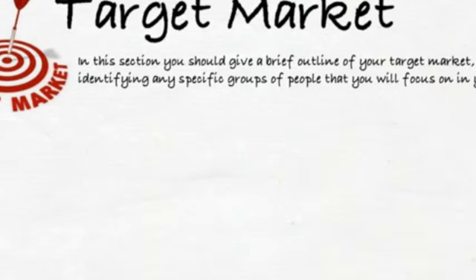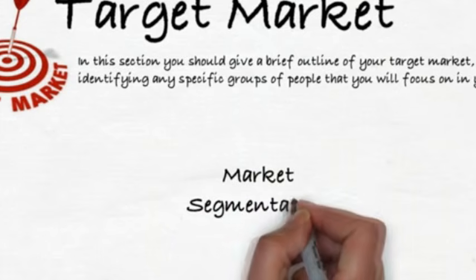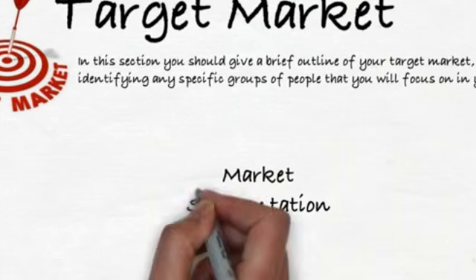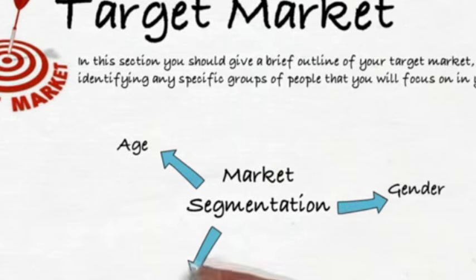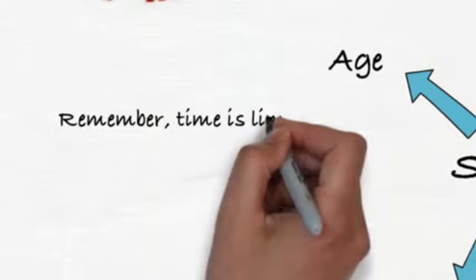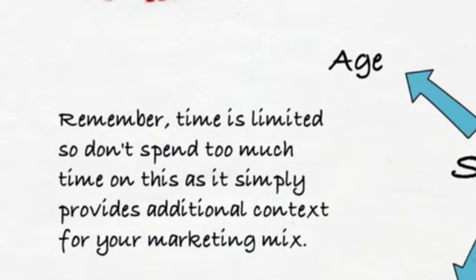Whilst you could target the general public, it is important to consider and identify any particular groups of people that you will focus on in your plan. For example, this could be based on their age, gender, interests, income, or any other form of segmentation. You don't need to spend too much time on this part, as it simply provides additional context for your marketing mix.